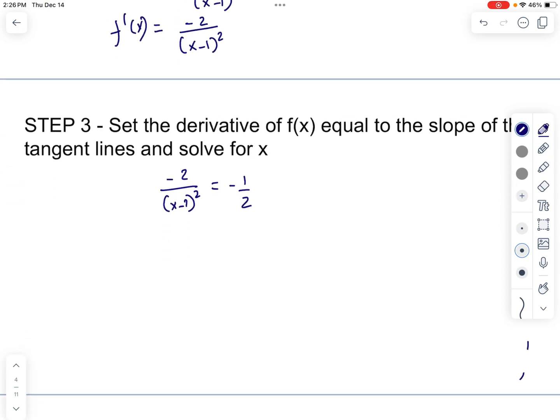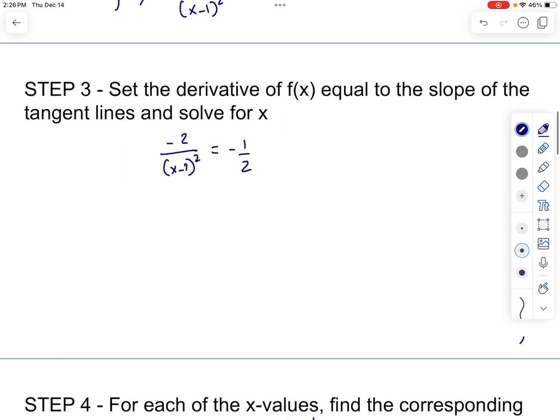Now we'll set that derivative equal to the slope of our tangent lines, -1/2, and we'll solve for x by using cross multiplication. When you use cross multiplication, you get -4 = -(x - 1) squared. The negatives cancel out, and you're left with (x - 1) squared = 4.